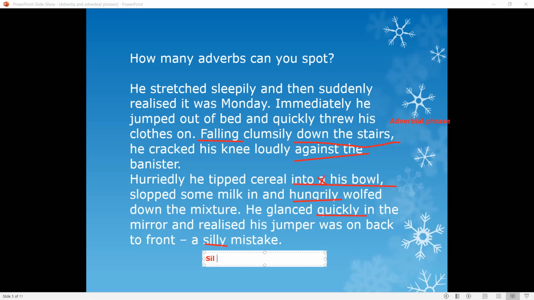The root word must be an adjective, like beautiful, beautifully, quick, quickly. Silly is not an adverb, it is an adjective, though it ends with ly.